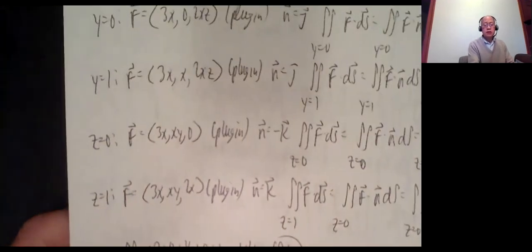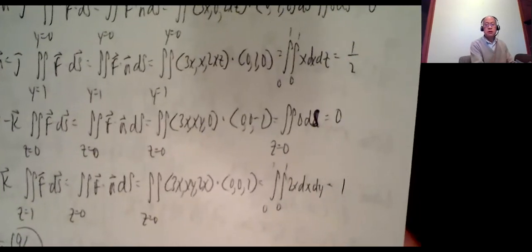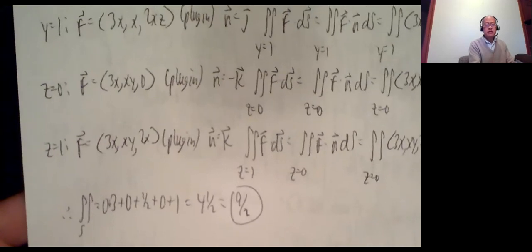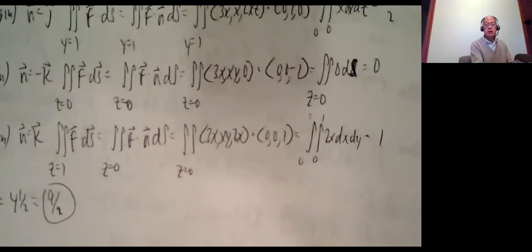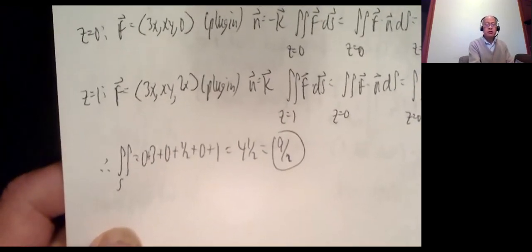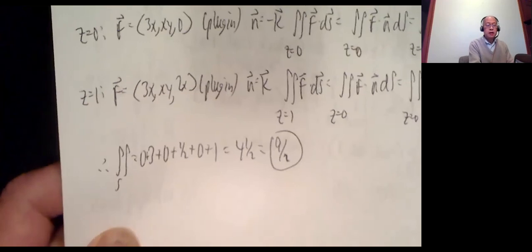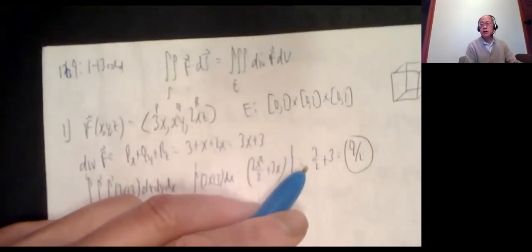And then z equals 0 is the bottom. And then z equals 1 is the top. And those 6 double integrals came out to be 0, 3, 0, 1/2, 0, and 1. Add them all up, 9/2. And this was way easier, as you can see.